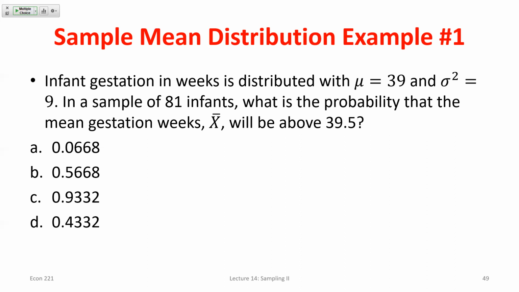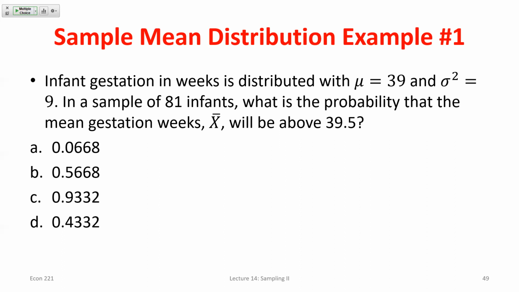I could plug everything into my denominator, but I want to remember that this denominator represents the standard deviation of my sample means. So I can either plug everything into the denominator of this equation, or calculate it ahead of time, do the intermediate step, and then plug it in. There are really two forms of this equation. If I want to break it down to another step, I can do that.